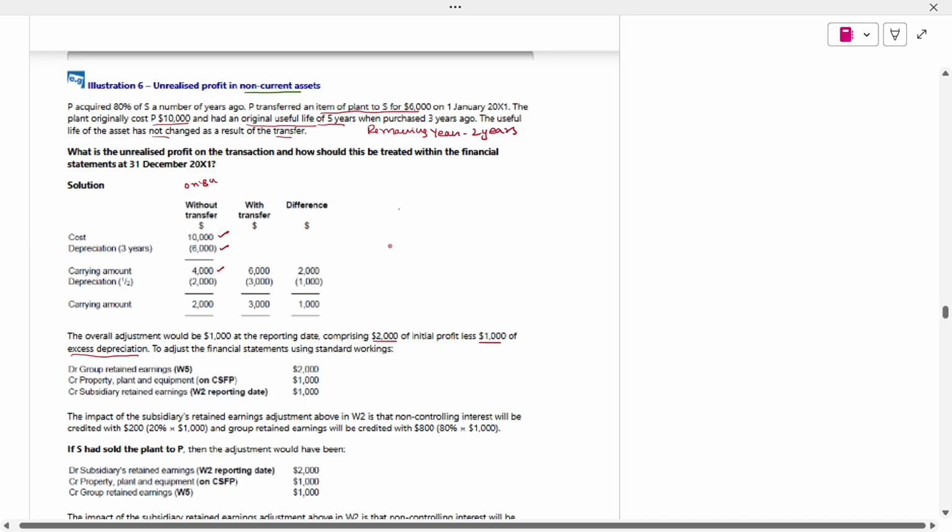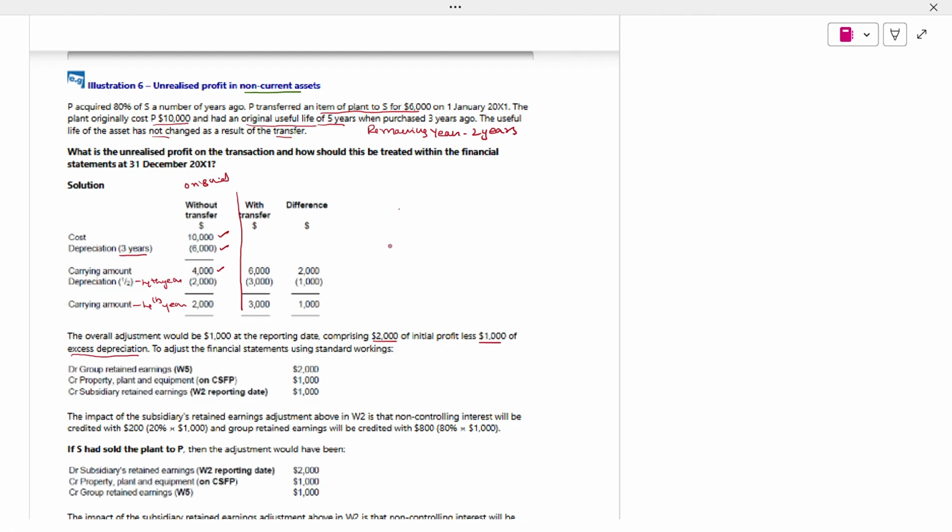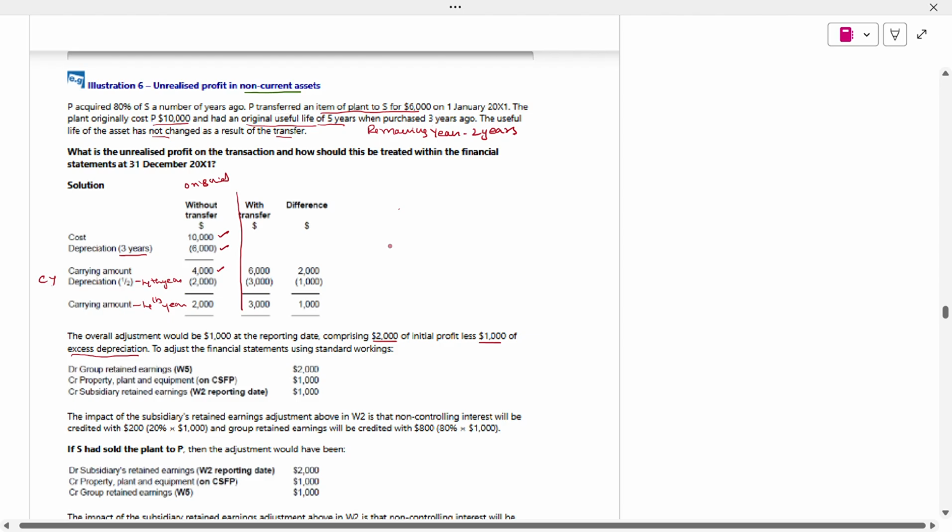This is the depreciation for the 4th year, and this is the carrying amount for the 4th year. Are you clear about this? Normally we are not doing anything. The purchase price is 10,000. Depreciation for 3 years is 6,000. Current year depreciation is 2,000. The carrying amount is 2,000. Are you clear about this?